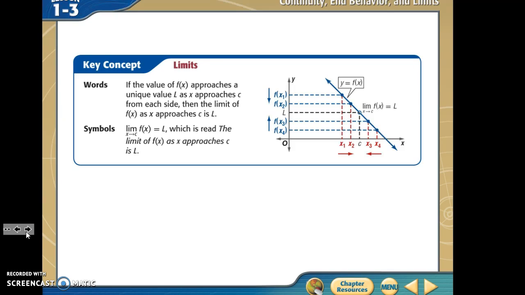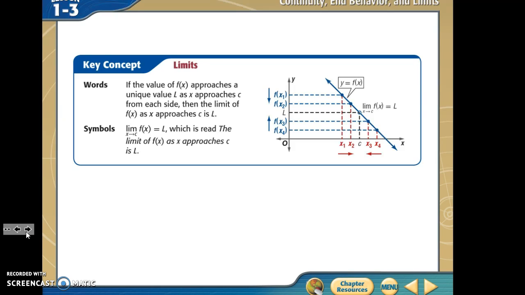So here we have y equals f of x. As we're looking here, as x is approaching the value of c, we're approaching that point. In either direction, our x values are approaching whatever this constant is from either side. And then we have our vertical limit as well.